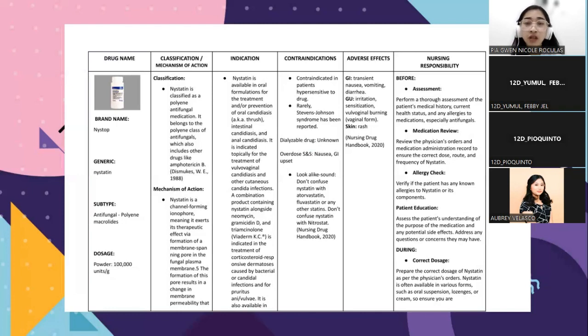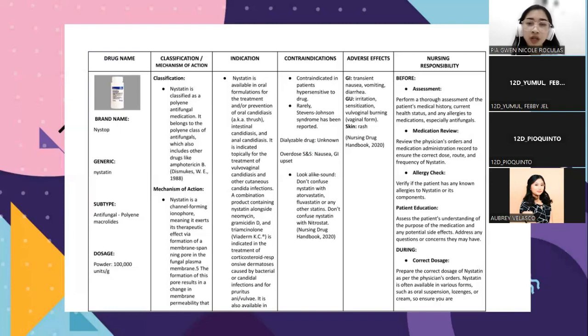treating superficial fungal infections. So the indication of this drug is available in oral formulations for the treatment and prevention of oral candidiasis, aka thrush, intestinal candidiasis, and anal candidiasis. It is indicated topically for the treatment of vulvovaginal candidiasis and other cutaneous candida infections.